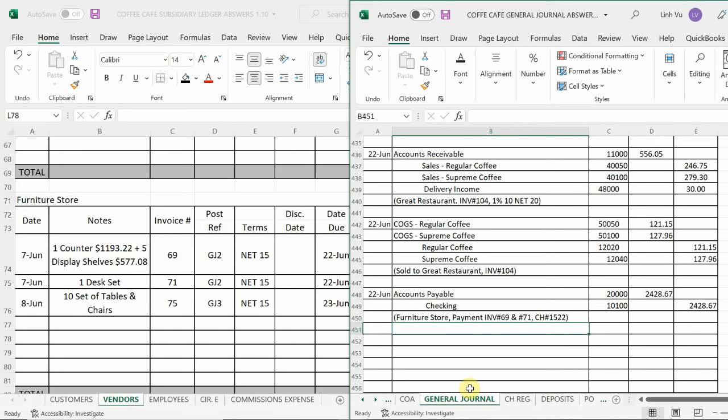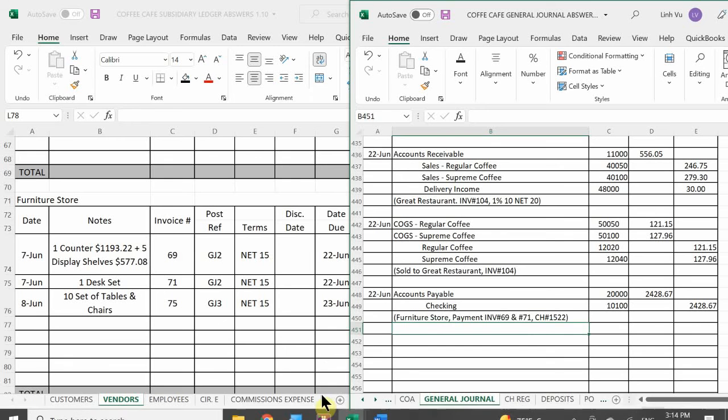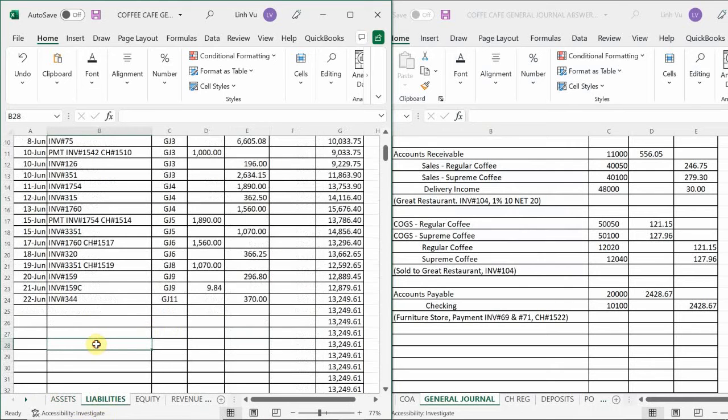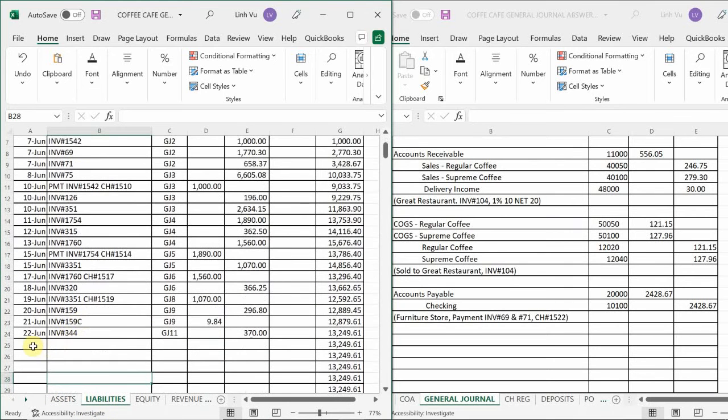Next, you'll go to the ledger. Accounts payable first. Payment, invoice number 69 and 71.